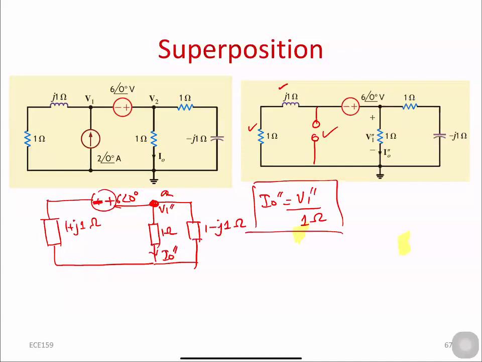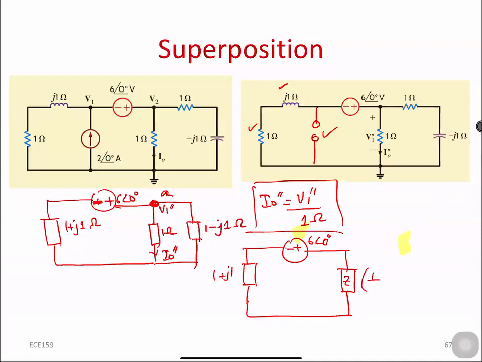So I can redraw this circuit. 1 plus J1, 6 angle 0. And this is my equivalent. So this equivalent impedance, Z, is nothing but a parallel combination of these two resistors, 1 ohm and 1 minus J. So I can simply write this as 1 inverse.